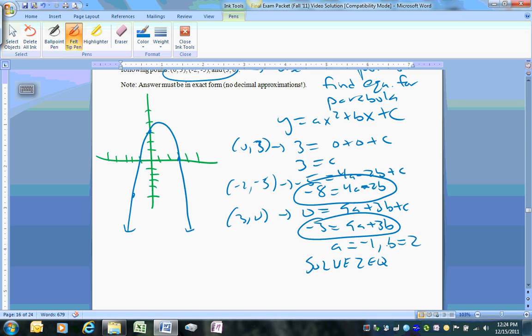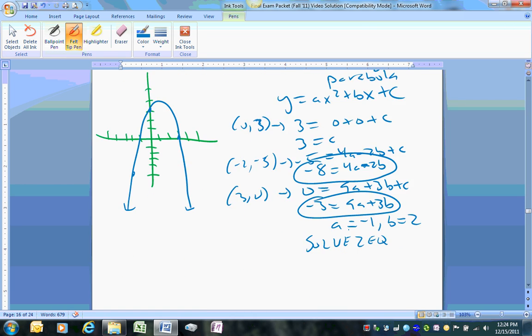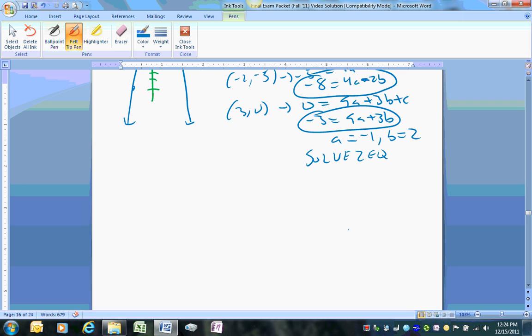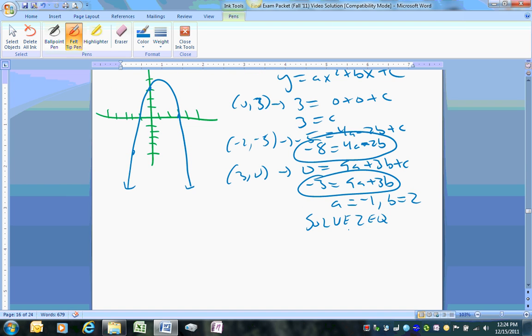Either way, okay, then we have our equation. So finally, after all that work, y equals -x squared plus 2x plus 3.